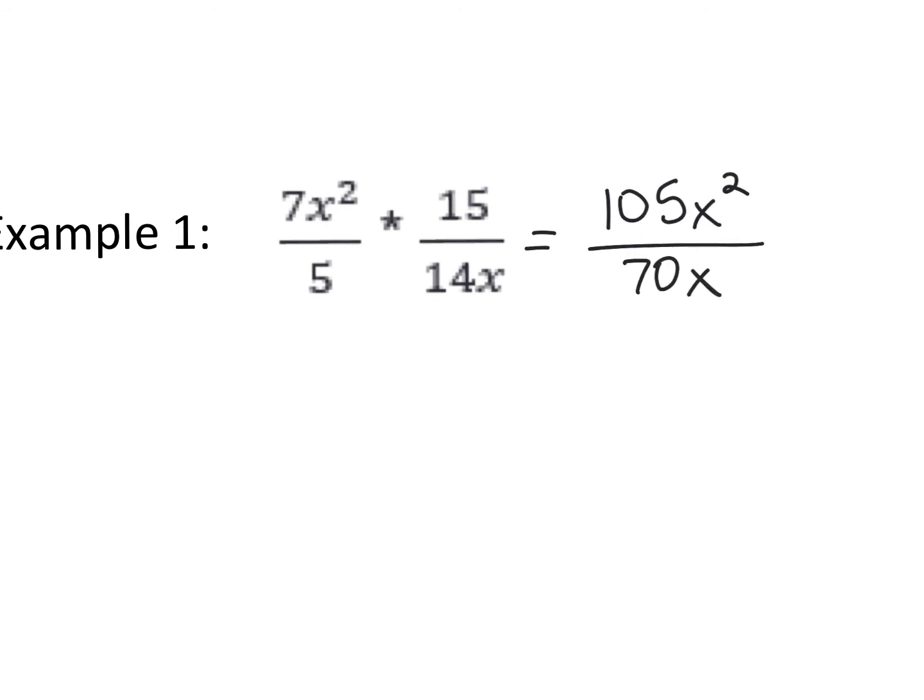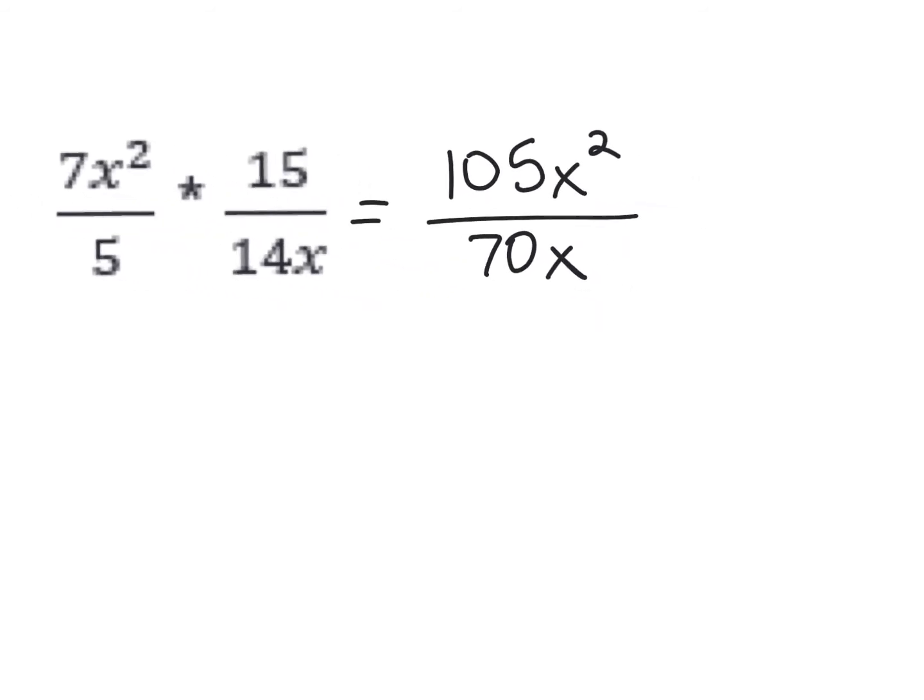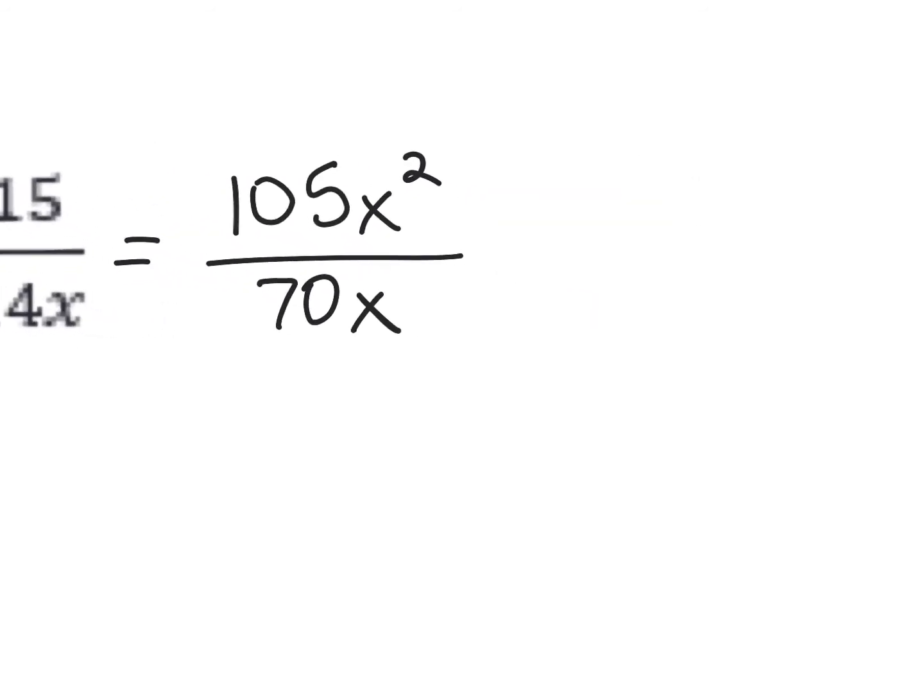Perfect. And now we are dividing. Okay, we're just simplifying. 105 over 70. What is a number that would go into both? 5. What is 105 divided by 5? 21. And what is 70 divided by 5? 14.